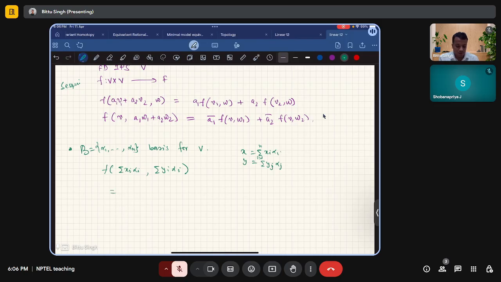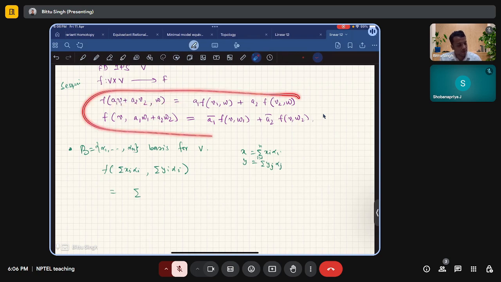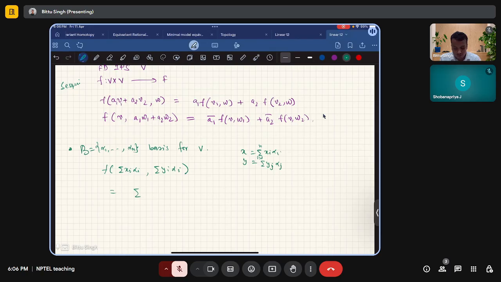So this can be written, by those two properties, that is linearity and conjugate linearity, as the sum of xi yj bar times f of alpha i comma alpha j, where i and j both vary from 1 to n.